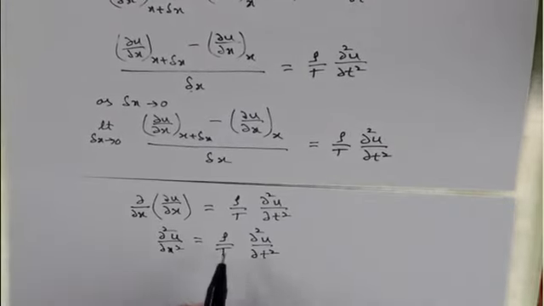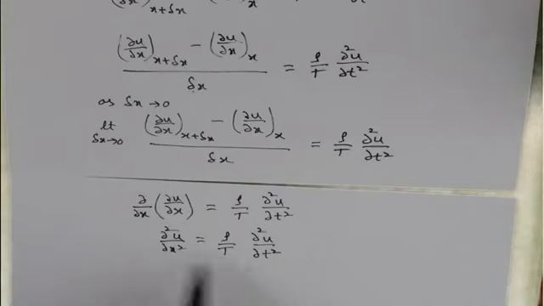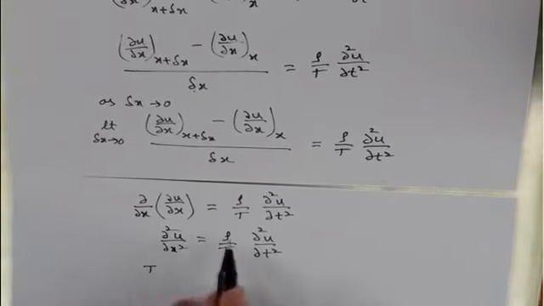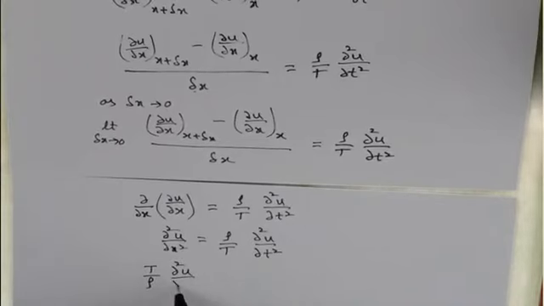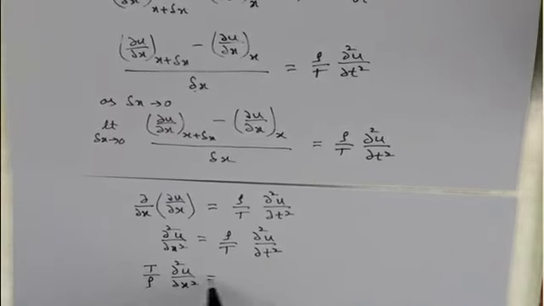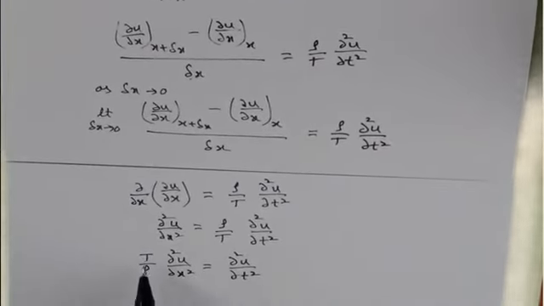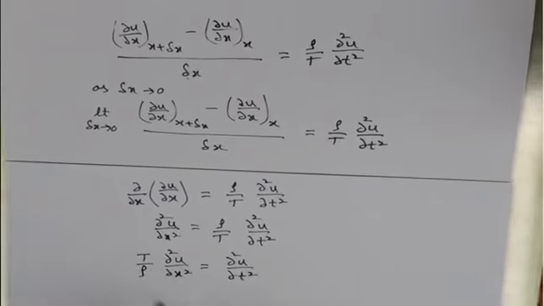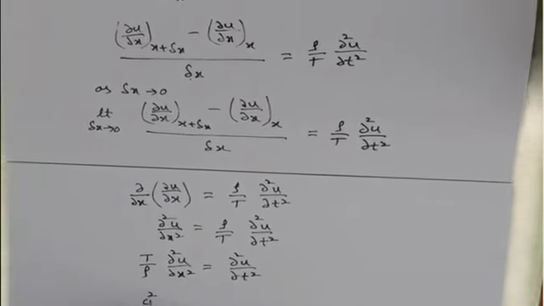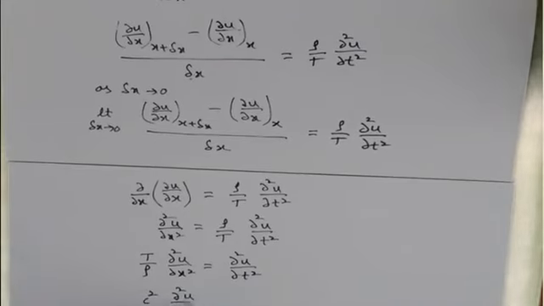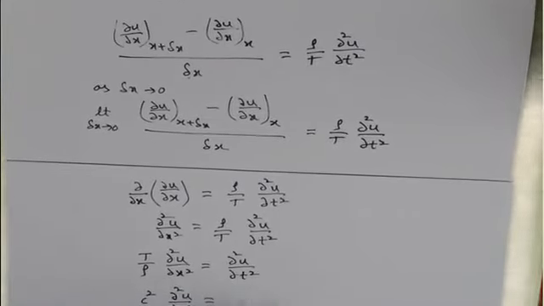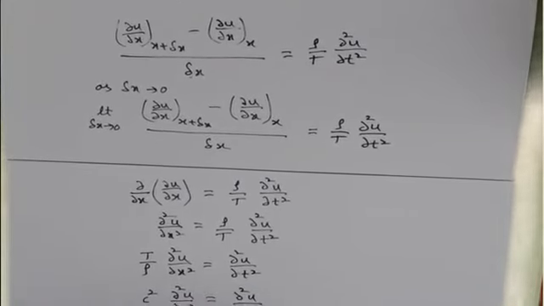Now cross multiplying t and rho to the other side, t comes in the numerator divided by rho, into dou square u by dou x square, is equal to dou square u by dou t square. If I replace t by rho by c square, we get c square dou square u by dou x square is equal to dou square u by dou t square.